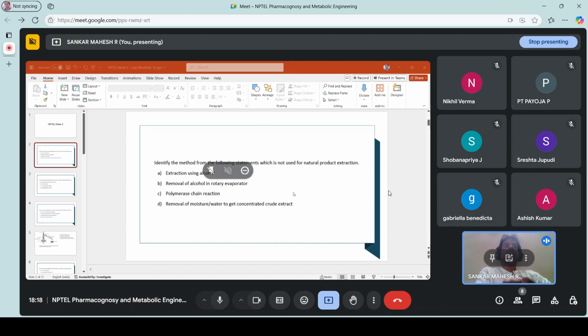Okay, so earlier we discussed why we need to use alcohol, but what we want is the concentrated product. The extract that we get from this natural product can be used in multiple different modes.